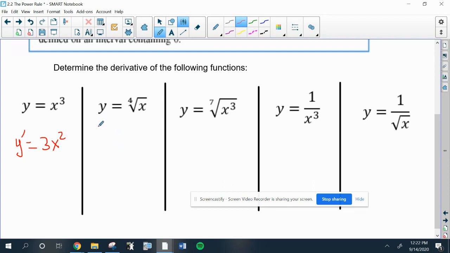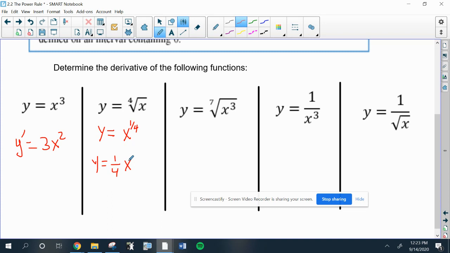This next one, you're going to have to rewrite it first. So if you haven't thought to do that, pause and try it yourself. So that's the rewriting part, and that's going to be a common theme in derivatives. A lot of times you're going to have to rewrite. According to the power rule, this would be 1/4 times x to the 1/4 minus 1.